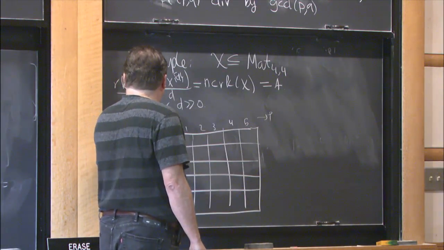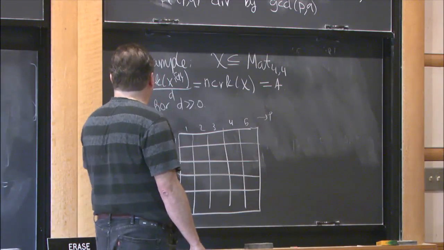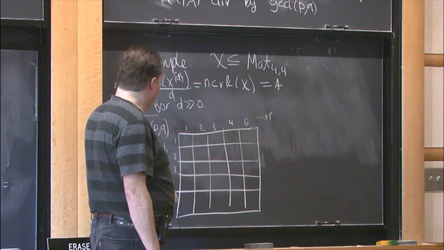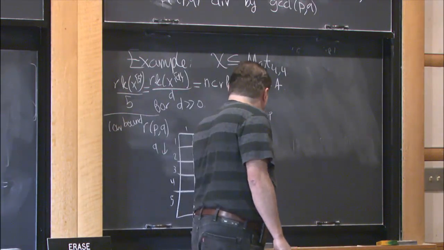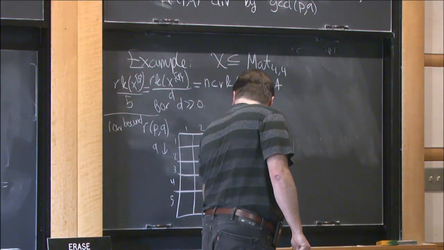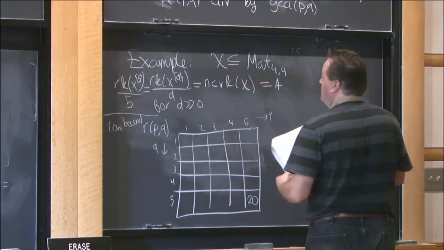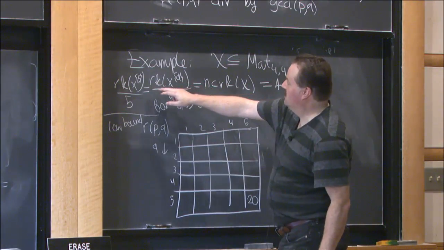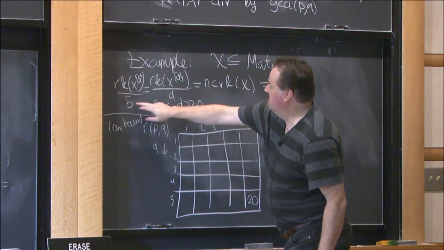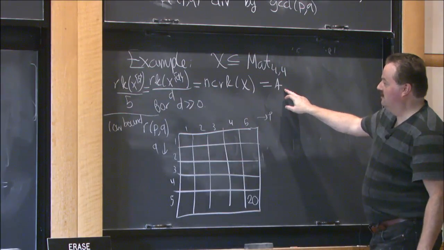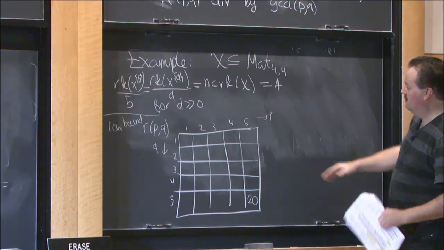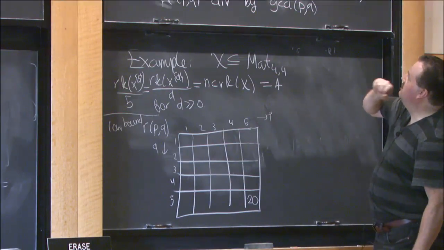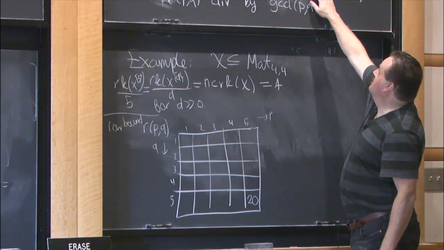So in every entry, I'm going to put a lower bound. Here we know that this is equal to 20, because 20 divided by 5 is equal to 4. And this is R_55. But now we use this convexity.